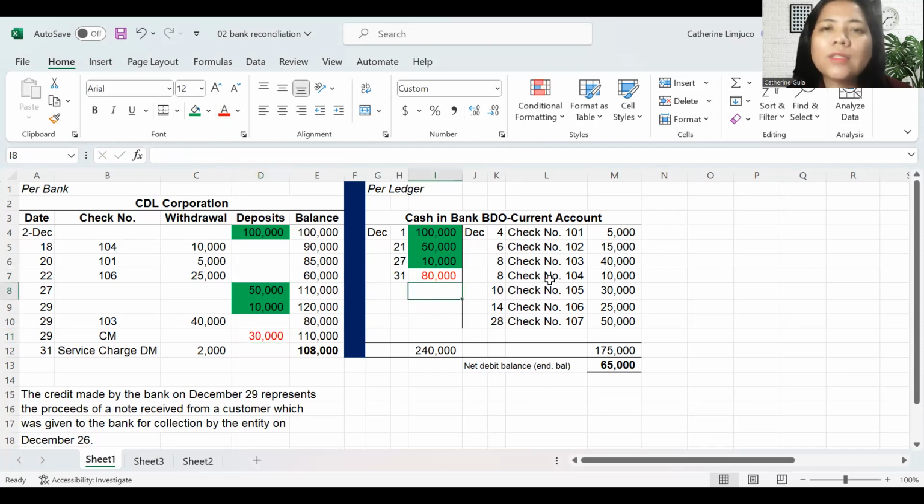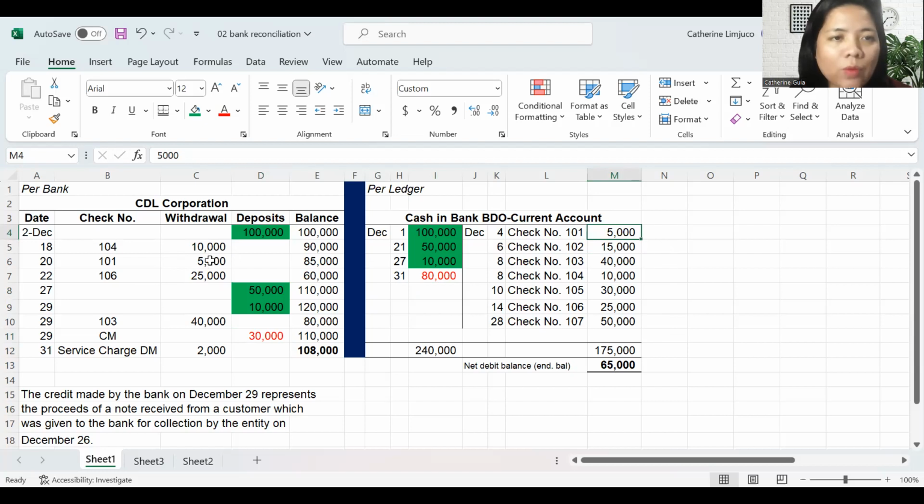Okay? So let's proceed to the credit side of our cash in bank BDO, our per ledger. So we will compare if these disbursements through check appeared in the withdrawal portion of our bank statement. Otherwise, we'll consider that as our reconciling item. Okay, so we have here check number 101 amounting to 5,000.